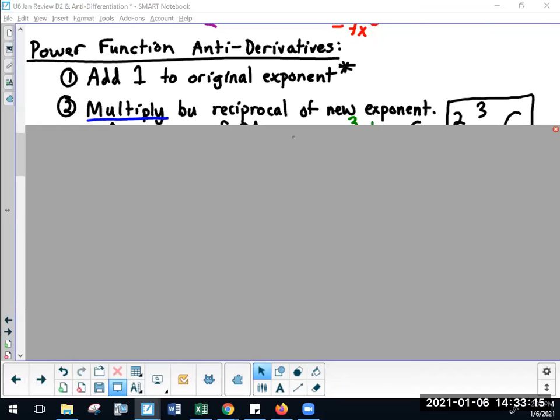To go backwards, you add 1 to the original exponent. Please notice this asterisk. That is a very important asterisk for the power function anti-differentiation technique. Then you multiply by the reciprocal of whatever your new exponent is.